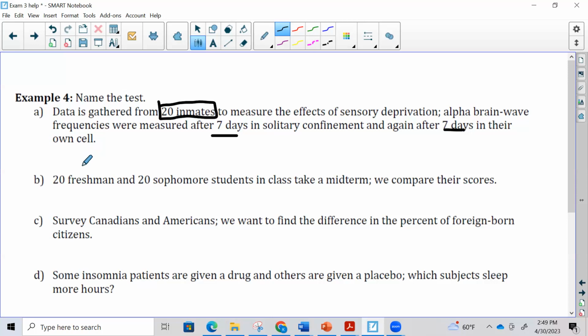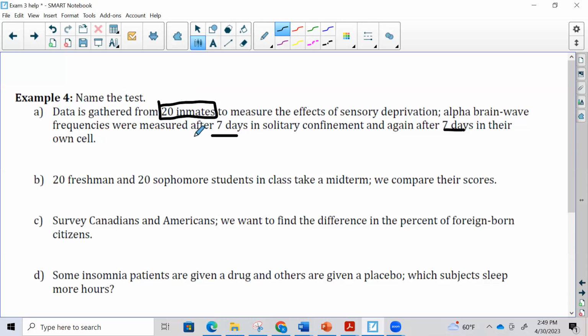So I'm taking 2 samples, which means it has to be one of the 2 sample tests. So a paired t-test, a 2 sample t-test, or 2 prop z-test. Now they don't specifically say anything in this case about averages or proportions, but what you do notice is they're collecting data on the same 20 inmates.